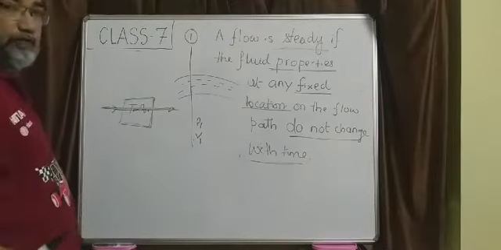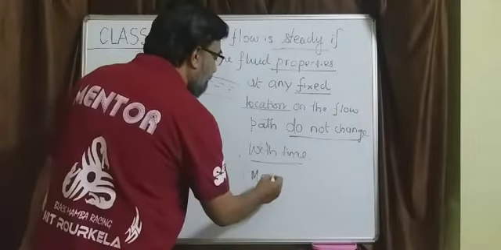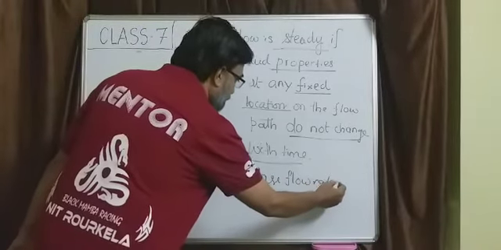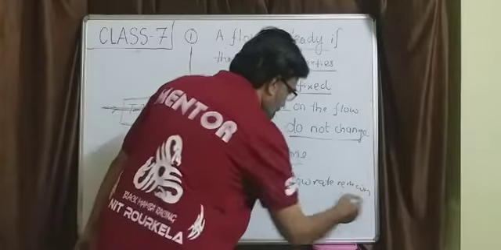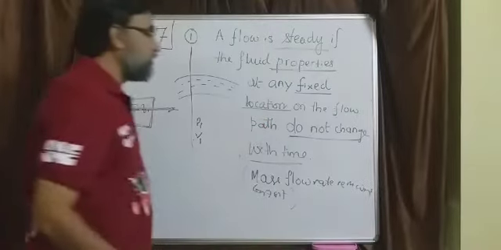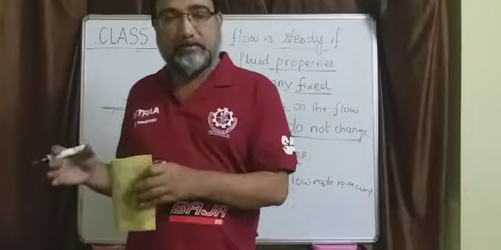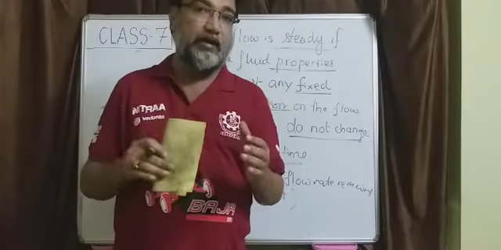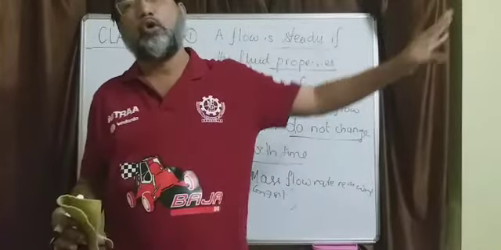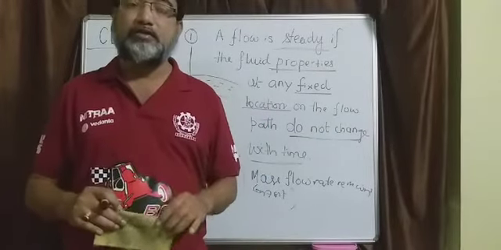Another condition of steady flow is that the mass flow rate remains constant. That means across a steady flow device, whatever mass is going in per unit time, per second or per minute or per hour, that much mass must go out from the outlet of the device at the same time.